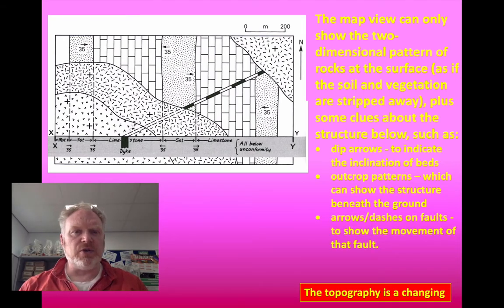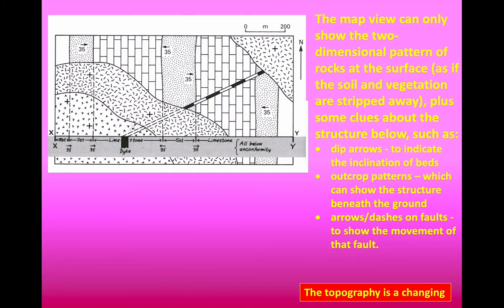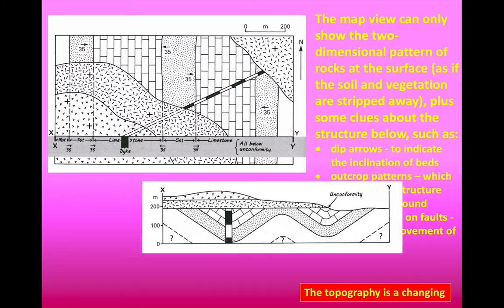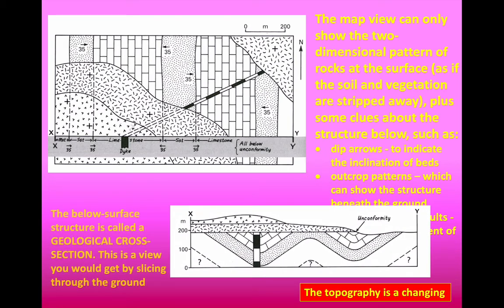Dashes, arrows on faults can show us which way they've moved. From all this, it's possible then for us to draw a geological cross section. And this is an imaginary slice through the ground between these two points labelled X and Y on the map, showing where these rocks get to the surface and showing as well what's going on underground.